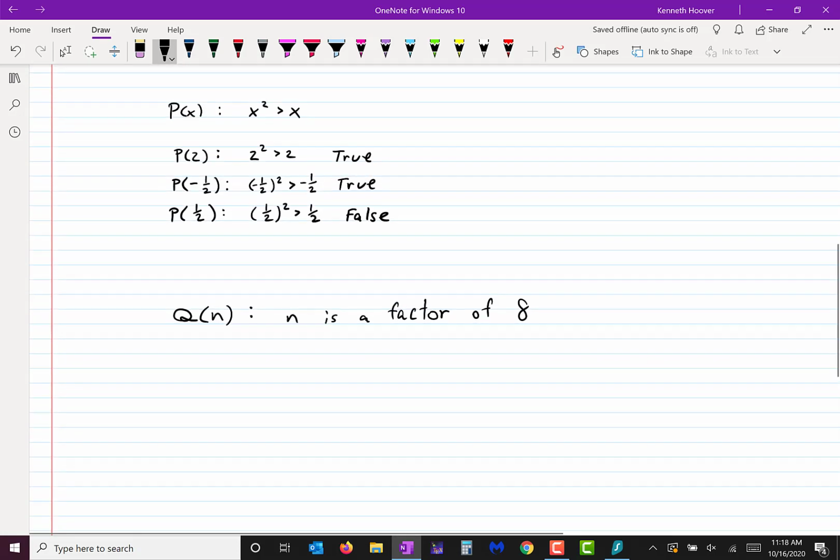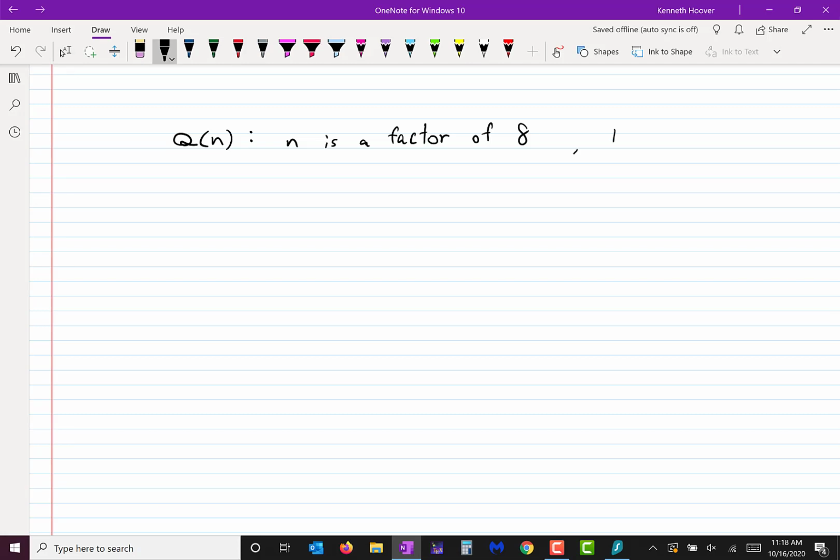So we're saying the domain of n is the set of all integers. Find the truth set of that predicate. So in other words, the set of all n in the integers such that n is a factor of 8. I'll write that down. The set of all n in the integers such that n is a factor of 8.